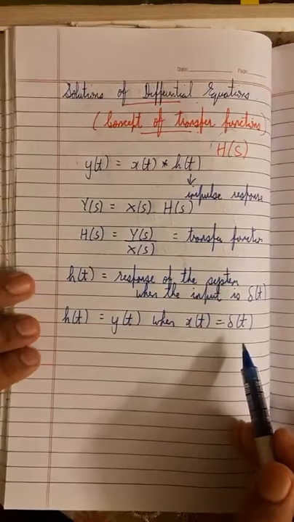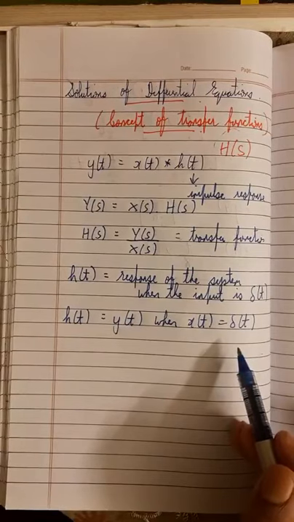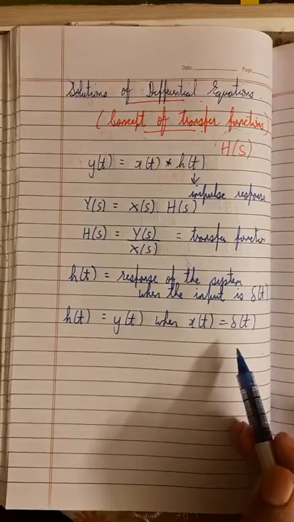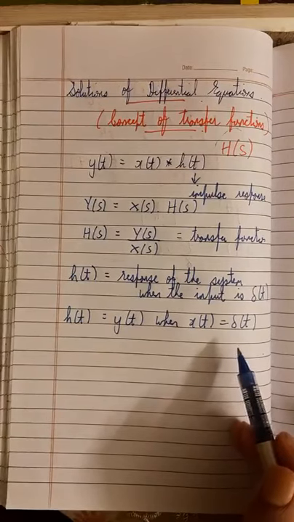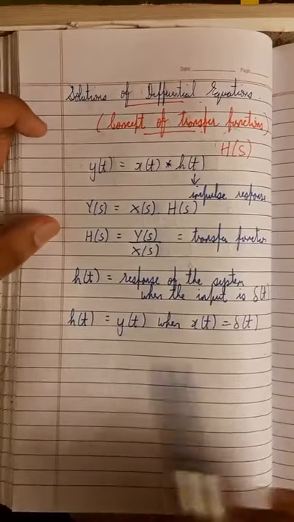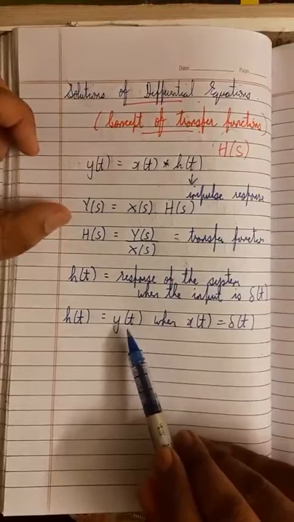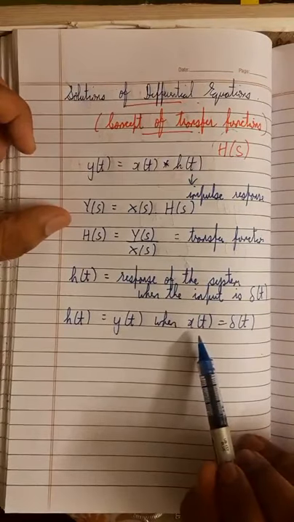If you want to find the impulse response of any system, you just give a small impulse signal to the input, and you see how the system reacts. That's how we find the value of h of t, which is nothing but the value of y of t when you substitute x of t as del of t.